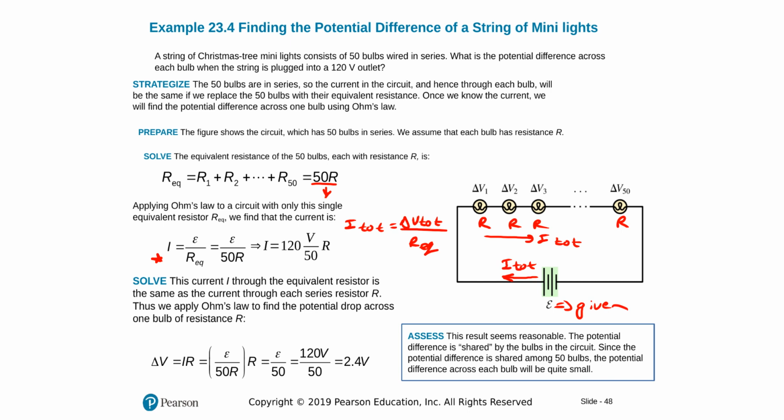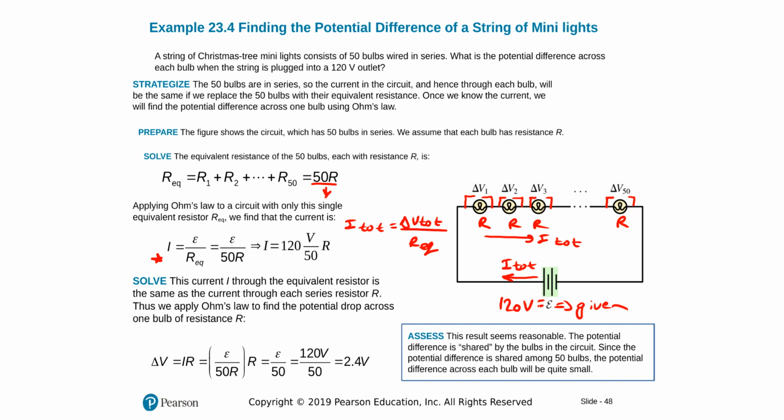Then we can use the current to find the potential difference across each resistor. We could also say, since they are equal resistances, each light bulb has the same resistance, so they will share the 120 volts equally.